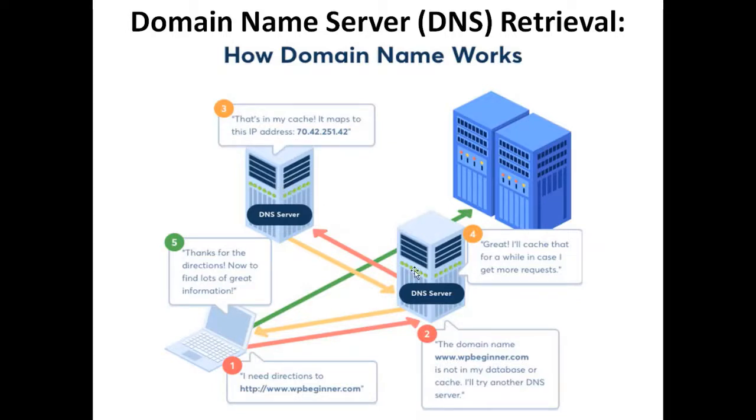It responds with this IP address to the first server, which stores it in its cache, so that if any more requests are made, this server is able to provide the IP address, and it also replies back to the user, to the browser. The browser gets the direction, and then the browser is able to communicate with the web server and retrieve web pages from that server once it has this IP address.